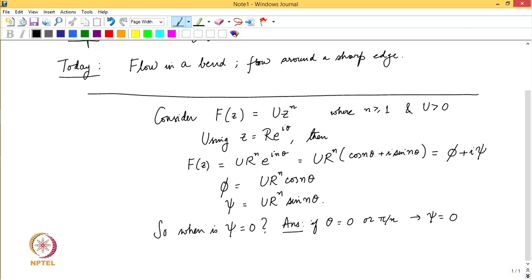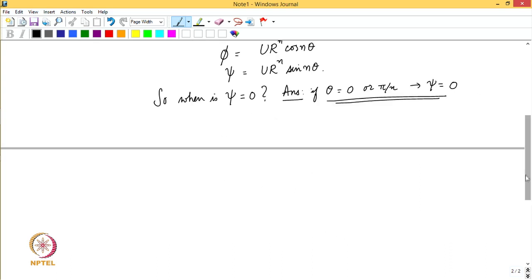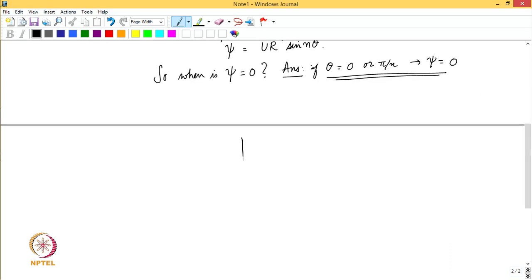So, what I mean by this important statement is that if you look at the complex plane, let us start sketching out what we would get from this solution. If I look at this complex plane, this line corresponds to theta 0, and theta pi by n might correspond to maybe this line.